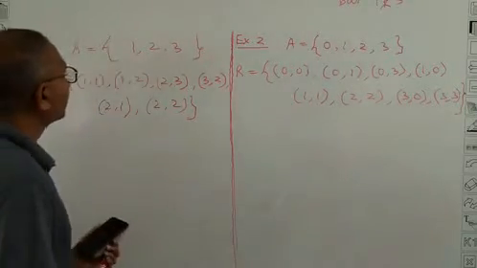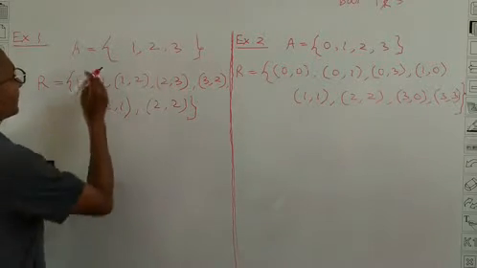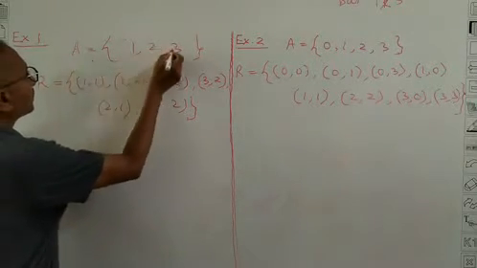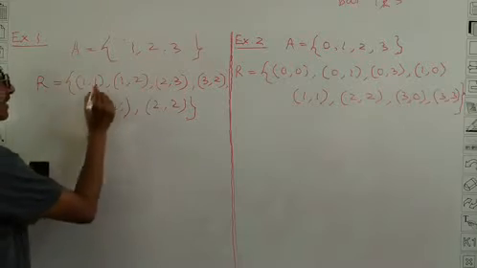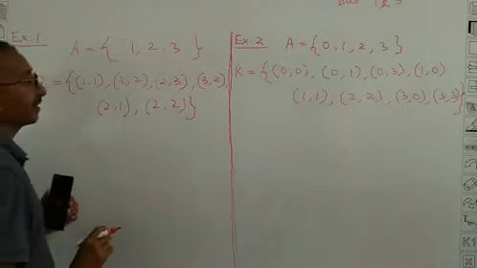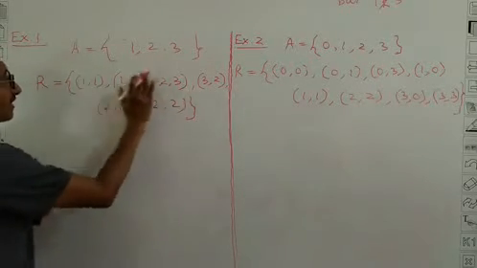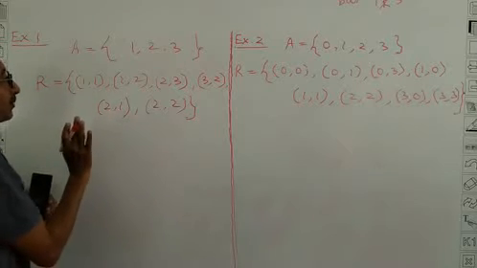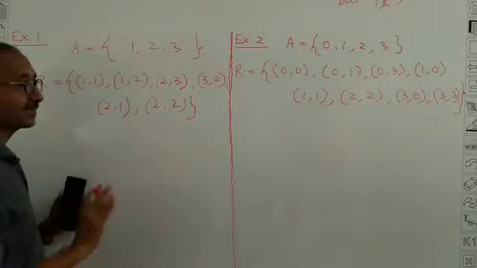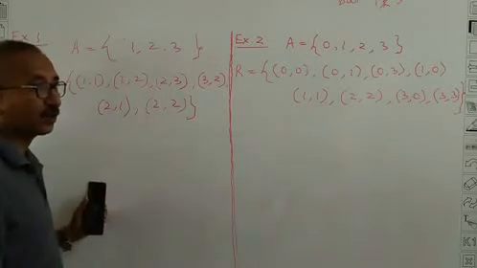In the first example, the set is A with elements 1, 2, 3, and the relation is given in roster form. Now you are asked whether this relation is reflexive or not.